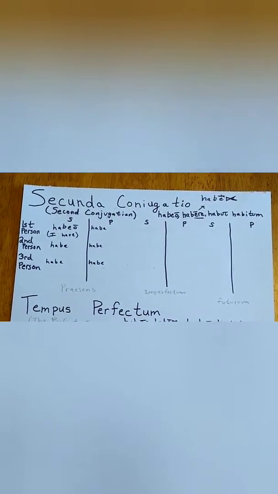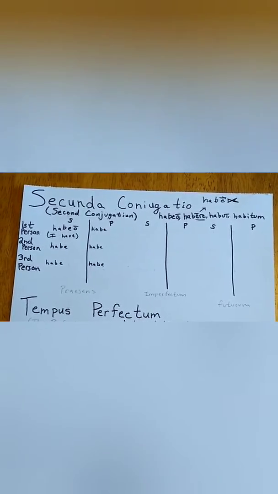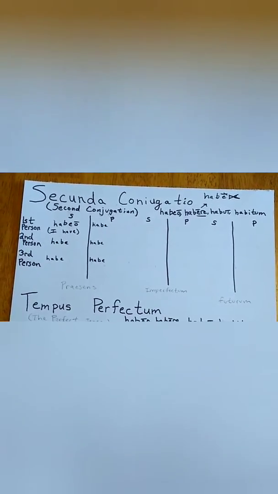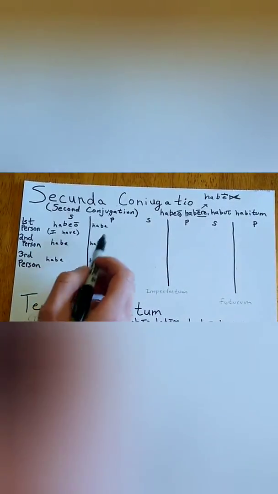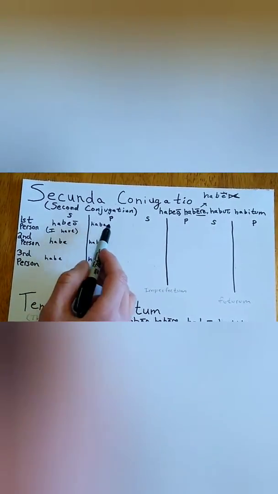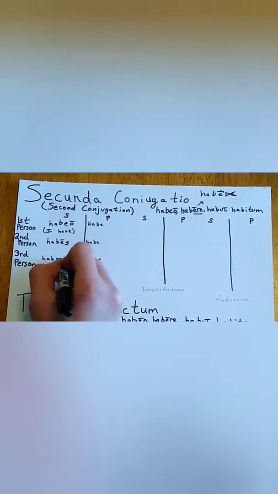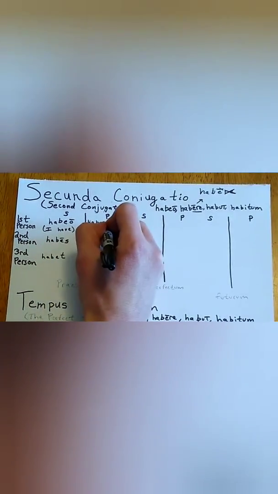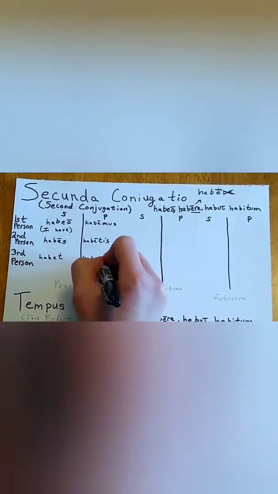Then you add your personal endings, casus personales. And we know that our personal endings are these: o, s, t, mus, tis, nt.